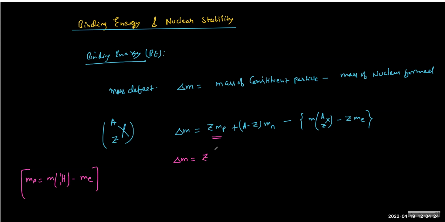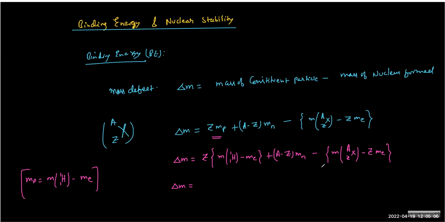So this we can rewrite as Z times the mass of the H atom plus (A minus Z) times the mass of the neutron. They will give you the mass of the neutron, but they will never give you the mass of the proton.